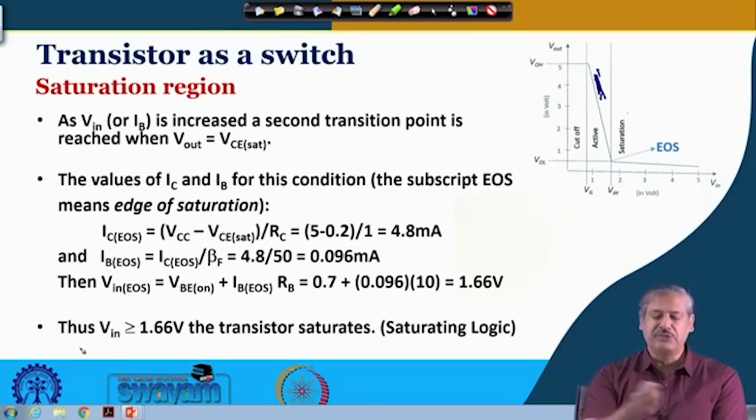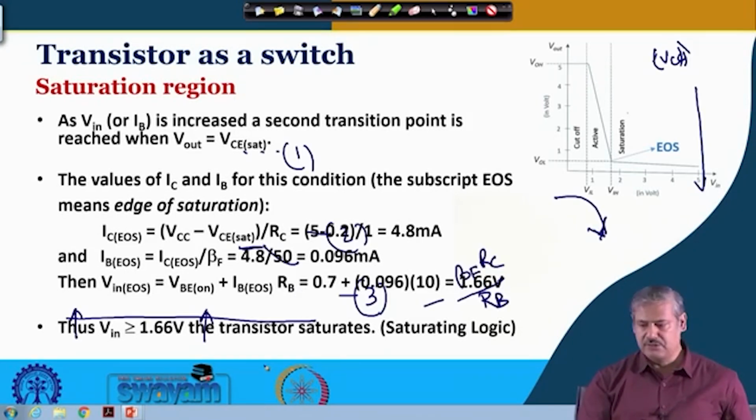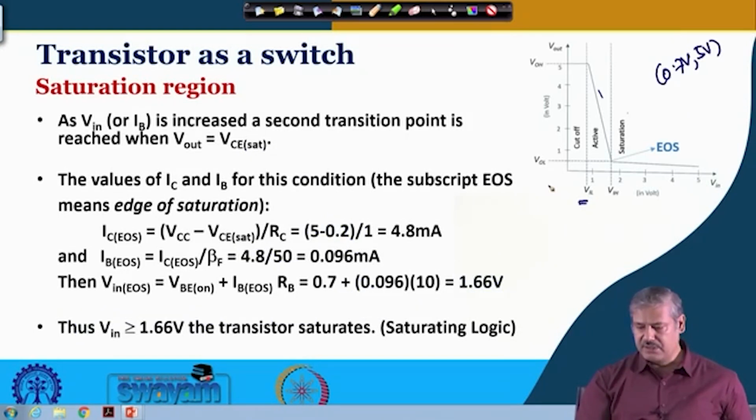We refer back to that equation 1 that we had before. So, V in is equal to VB on, the base emitter drop, plus the IBRB drop. So, IB at the edge of saturation into RB, in the KVL in that base emitter junction, that particular loop.